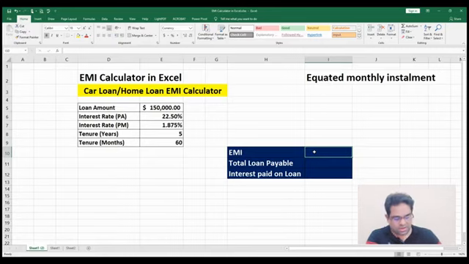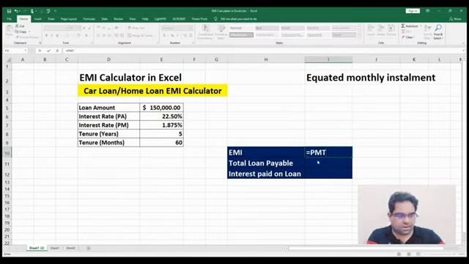Now let's start. Equal to PMT. Okay. The rate, monthly, you choose monthly. Comma, PV, and PV means the present value, comma, the loan amount.